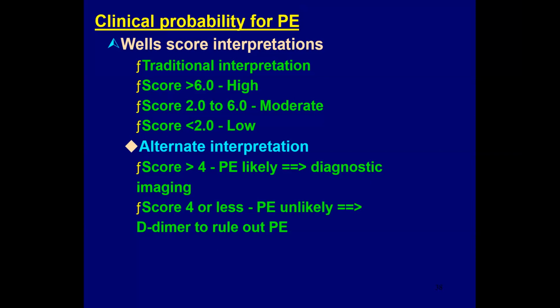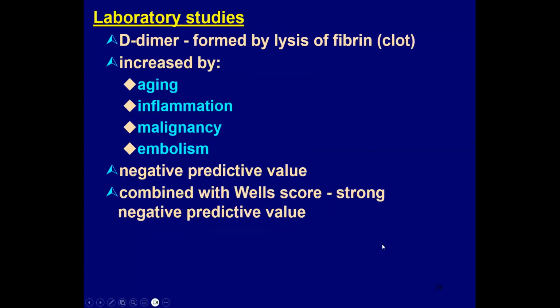And this means we should do diagnostic imaging to confirm the diagnosis. A score of 4 or less means that a PE is unlikely, and what we need to do is do other studies to rule out PE, such as a lab study of the D dimer, and we'll get back to that.